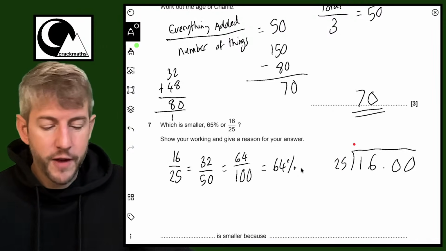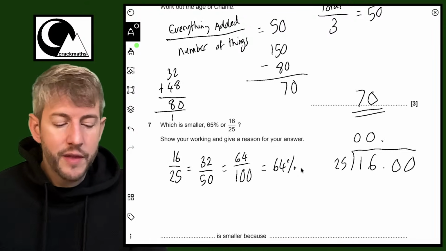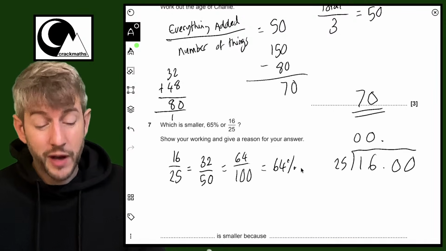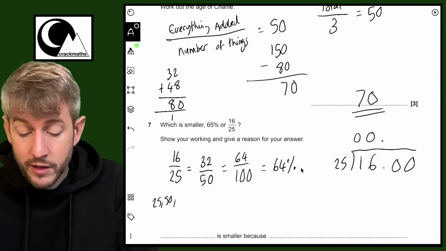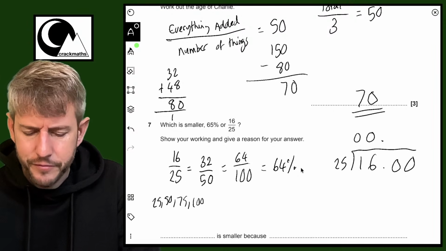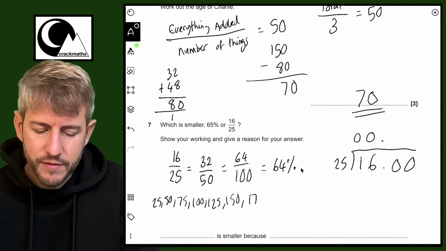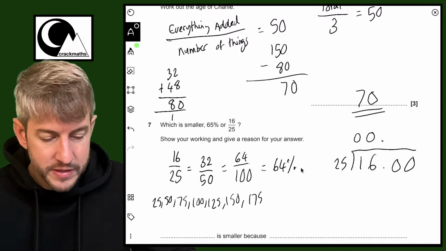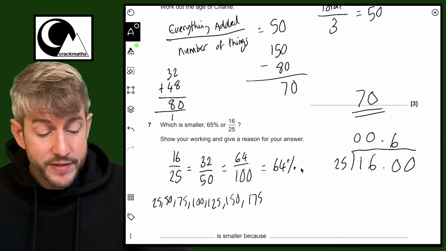So 25s into 1 don't go, 25s into 16 don't go. Then you're looking at 25s into 160. Well, we've got 25, 50, 75, 100, 125, 150, 175. So they go in 1, 2, 3, 4, 5, 6 times, which confirms with this. 160 take away 150 leaves us with 10.